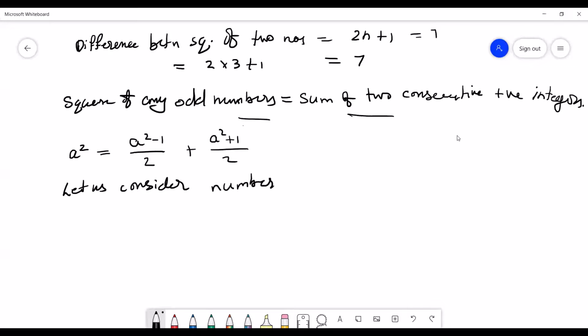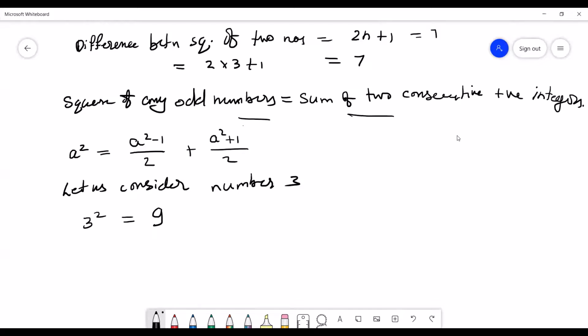So the square of this number 3 is 9. Whether it can be shown in this format of a square equal to (a square minus 1) divided by 2 plus (a square plus 1) divided by 2. Let us write it.